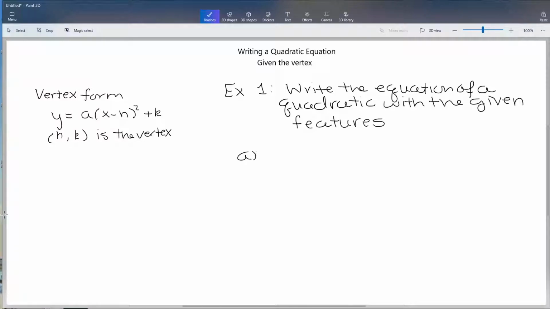Okay, so for the first example, we're going to have that the vertex is (2, 4). And it goes through (1, 6).